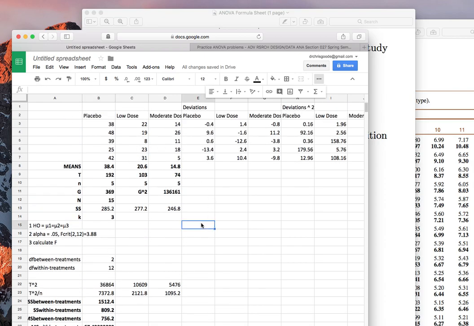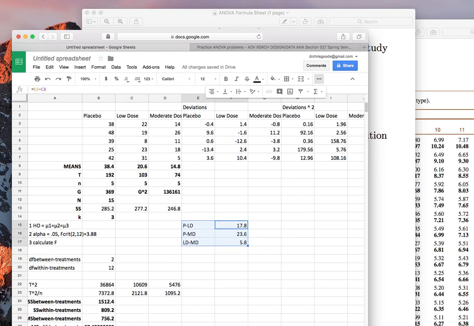Let's see what the differences are. Let's do placebo minus low dose, placebo minus moderate dose, and low dose minus moderate dose, and see what differences these are. So placebo mean minus the low dose mean. Okay, placebo mean minus the moderate dose mean. Okay, the low dose mean minus the moderate dose mean.